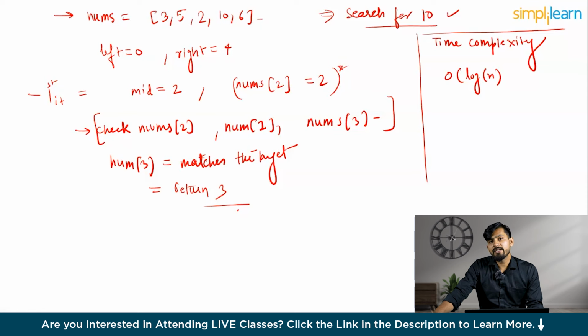We are checking the immediate neighbors, mid minus 1 and mid plus 1, and it only adds a constant time operation within each iteration of the search. If I discuss the space complexity, guys, then the space complexity is O of 1.